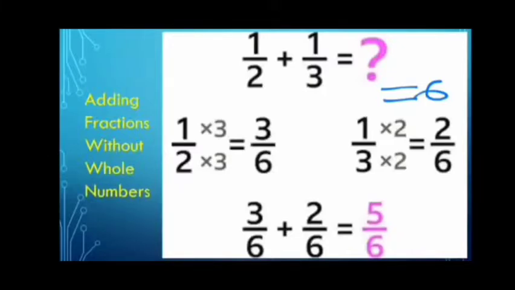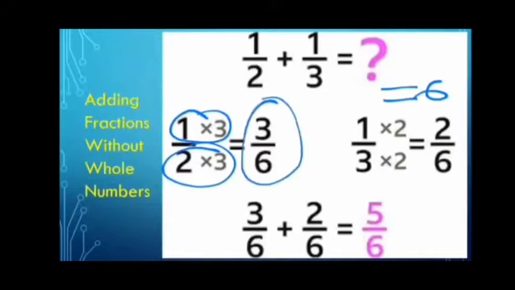When you multiply 1, the numerator, by 3, you do same to the denominator. Also multiply the denominator by 3. So we're going to be having 1 times 3 and also 2 times 3. And that gives us 3/6.